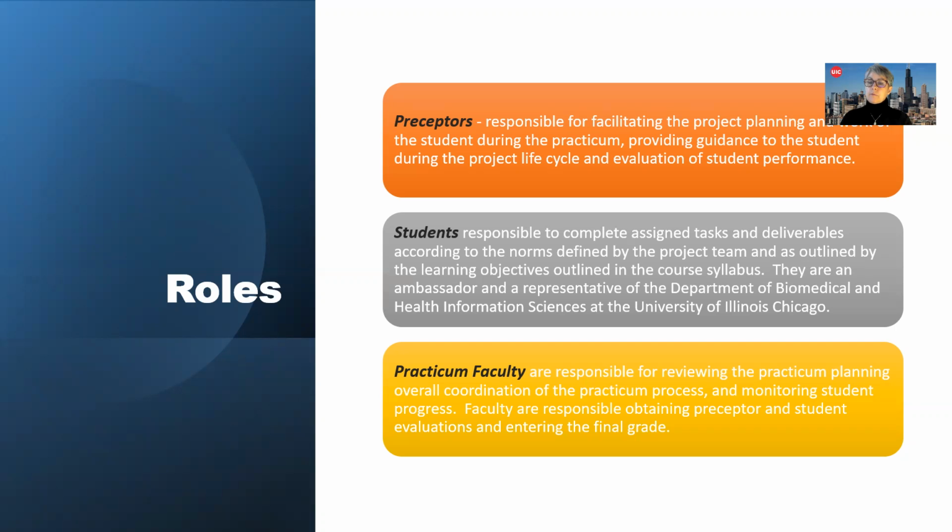And the practicum faculty, us, we are responsible for reviewing your practicum plan, overall coordination of the process, and we'll be monitoring your progress during the course. Faculty are also responsible for getting the evaluations from the preceptor at midterm and at the end, and for getting student evaluations and entering your final grade.